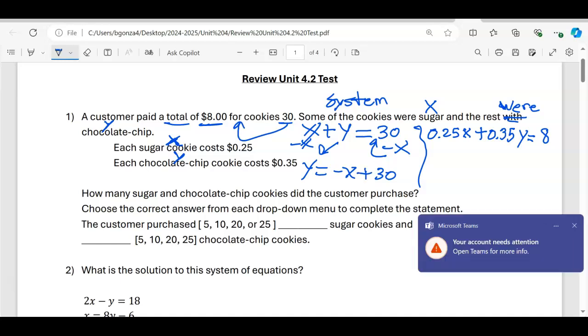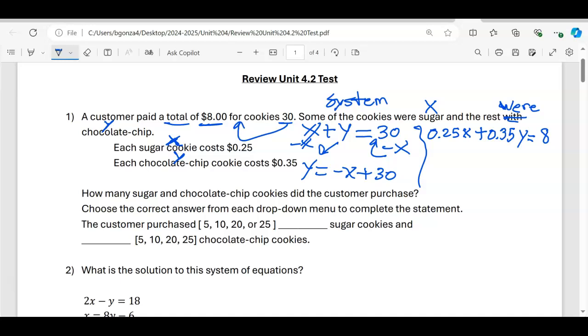All right, and then over here, solving for Y, again, I need to get rid of the positive 0.25x, so I'm going to subtract 0.25x on both sides. All right, so these cancel out.